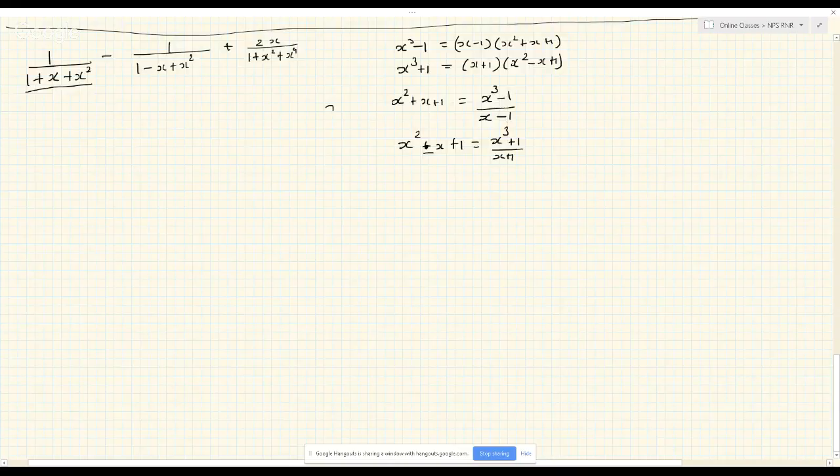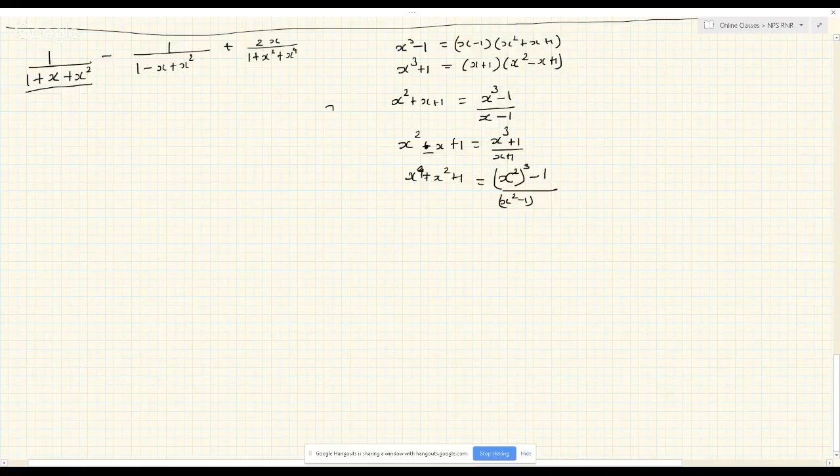Okay, so maybe we'll see. And similarly, 1 plus x square plus x to the power 4 looks like it is x square cube minus 1 upon x square minus 1. Isn't it?